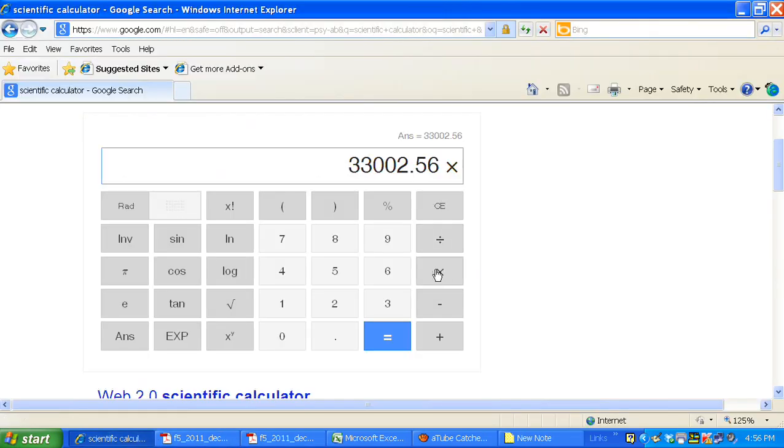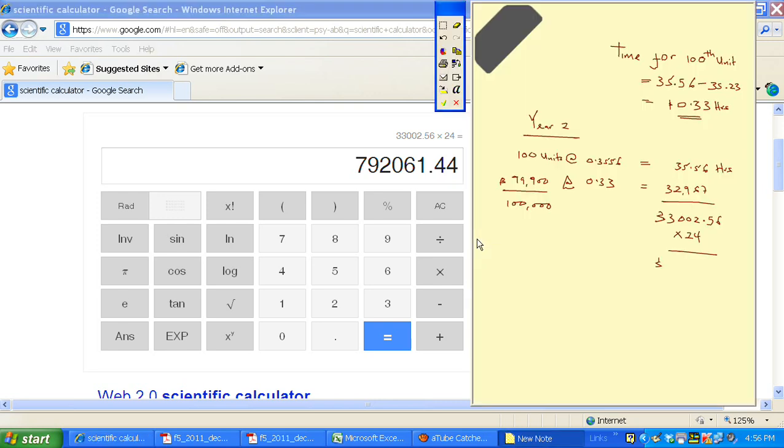So we're multiplying this figure by 24 to give us 792,061.44. So that is the labor cost for year 2.